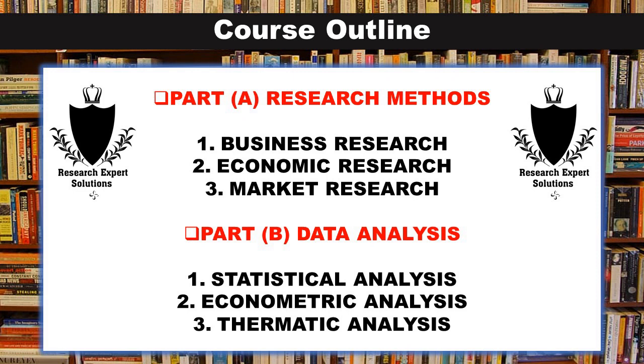On the other hand, we may be looking at econometric analysis, and in econometric analysis, we are interested in the application of mathematics and economic theory to analyze economic data, as well as applying these statistical tools to the analysis in order to come up with certain recommendations based on the results obtained for policy implementations.